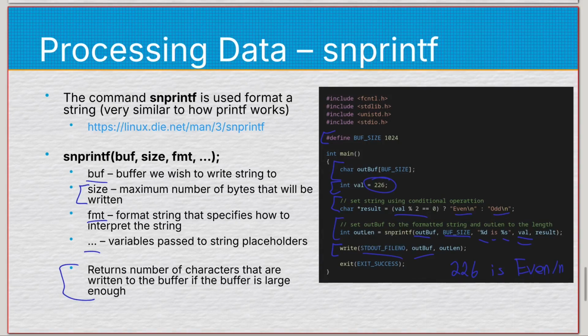Then we exit. So if I did value of 227 instead, then value would be 227, so %d would now be replaced with 227, is, in this case, result would be odd. So that's scanf and snprintf.